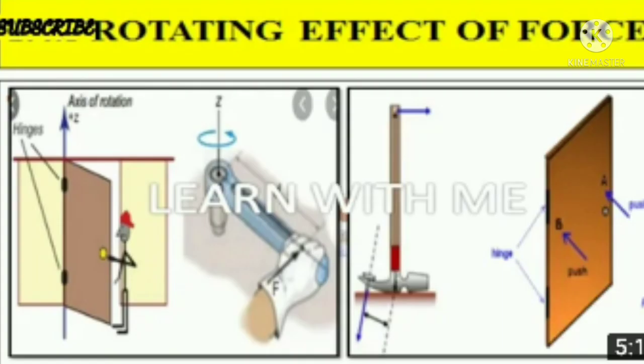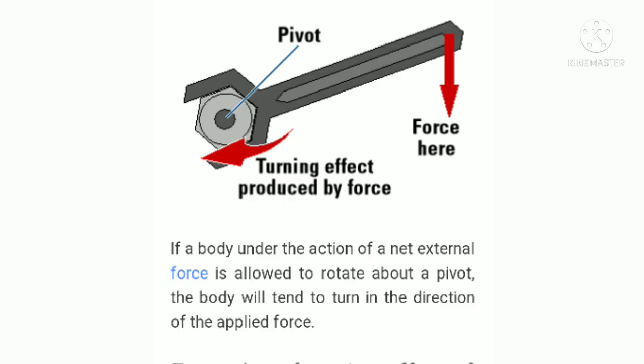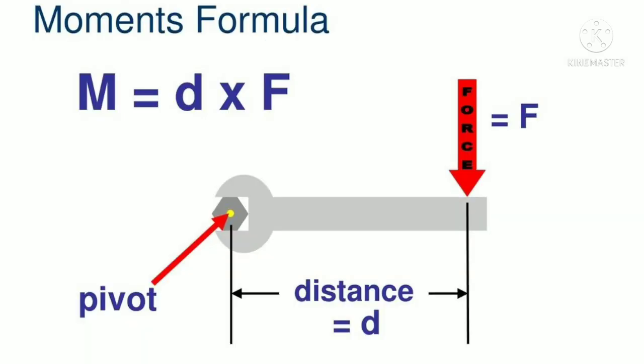Next, what did we learn? Rotating effect of force. If a body under the action of net external force is allowed to rotate about a pivot, the body will tend to turn in the direction of the applied force. And we learned the formula for the moment of force, isn't it? What is moment of force?